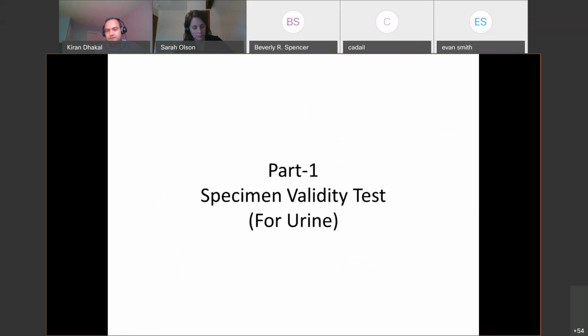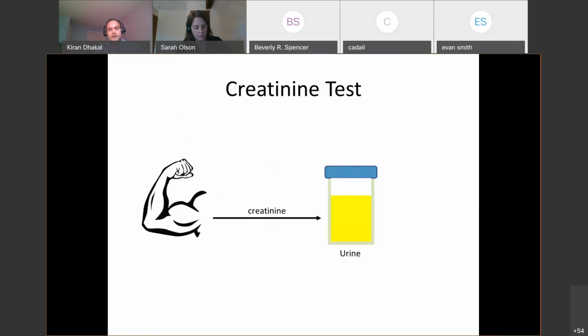The first part is specimen validity testing for urine specimen, because urine specimen is an unobserved collection. The donor collects the urine himself and presents it to the lab personnel. So we need to determine the validity of such specimen. The first test for sample validity is a creatinine test.